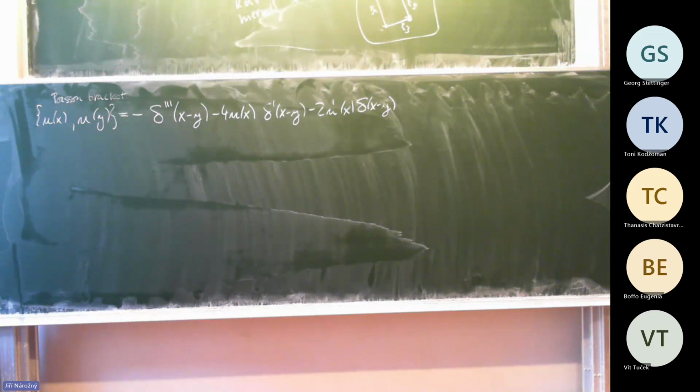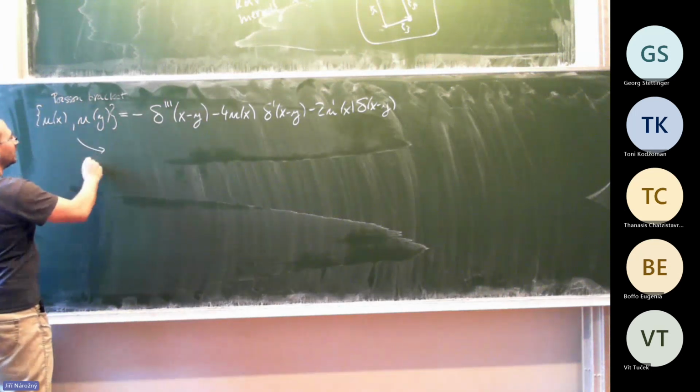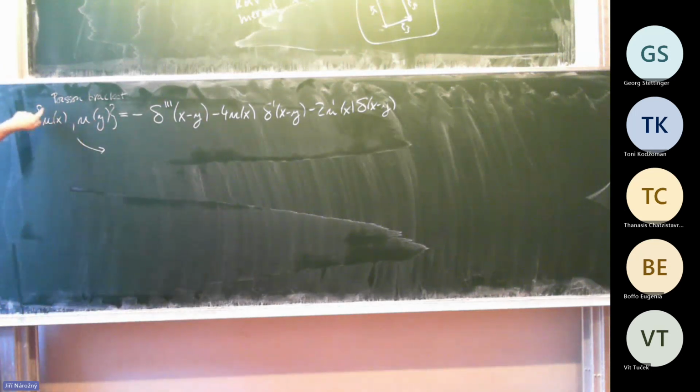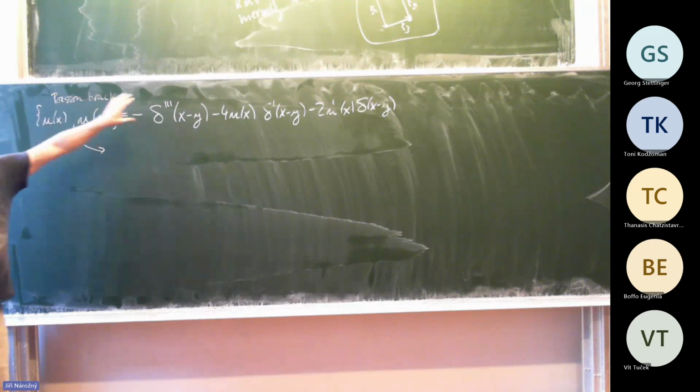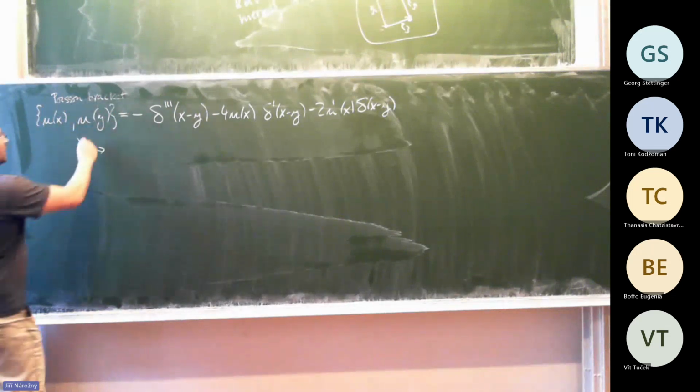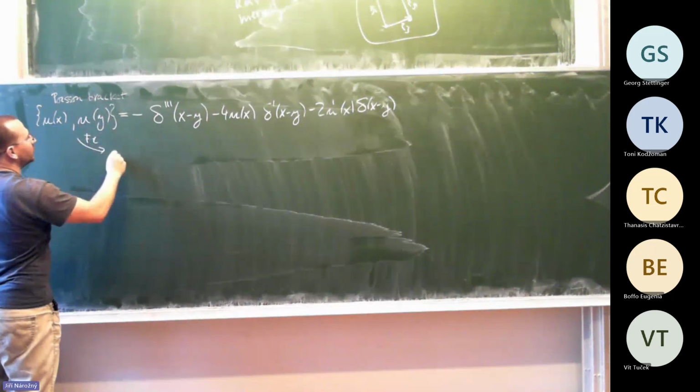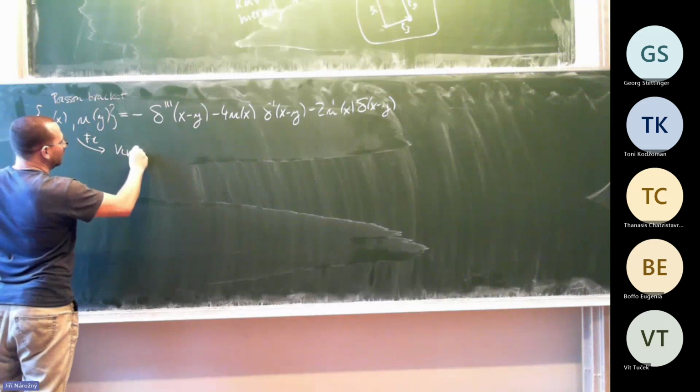And the relation to the quantum case is that if you study these potentials on the circle, and you look at how this bracket looks in terms of Fourier modes, so you just Fourier transform this equation, then you get again the Virasoro algebra.